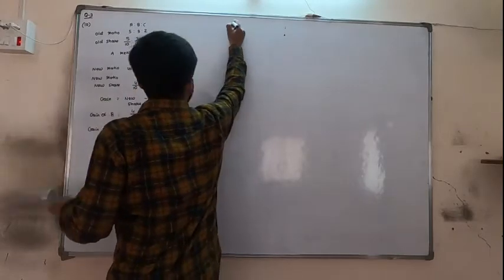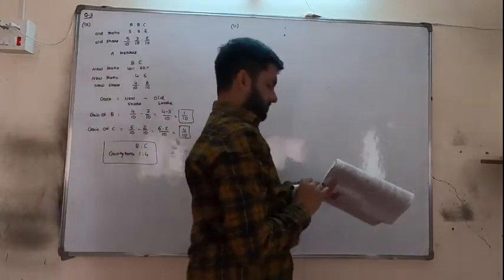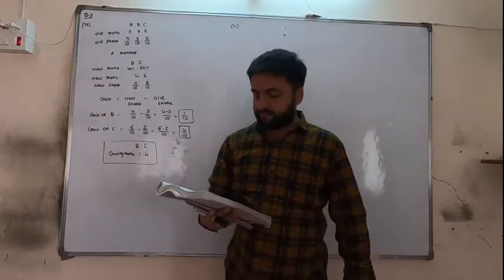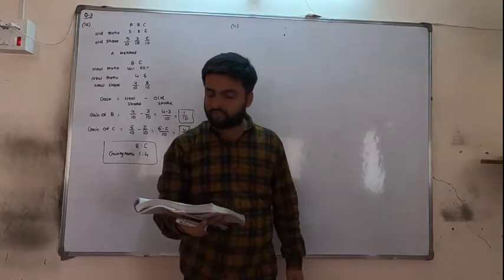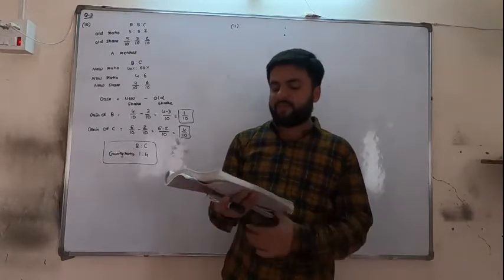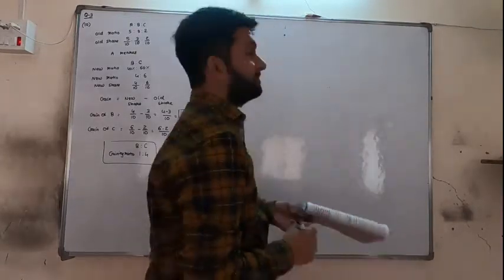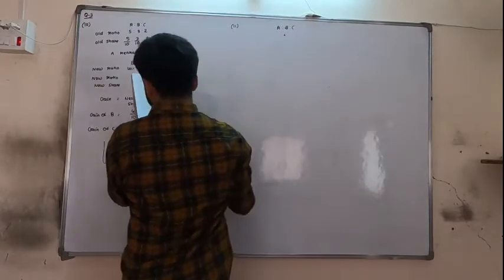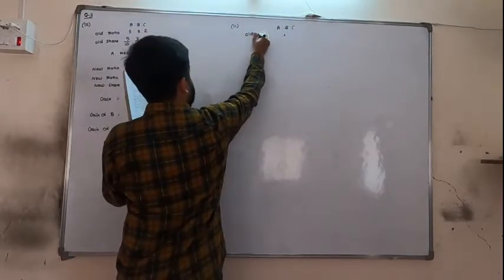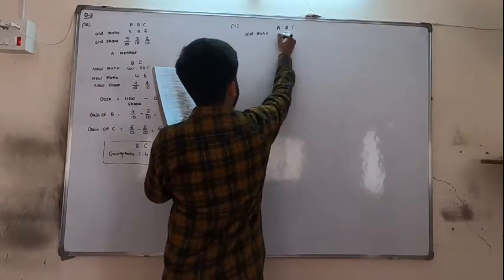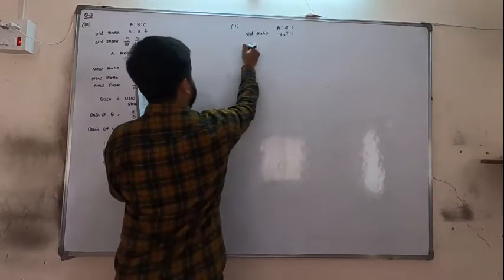Again, 11th sum. A, B, C are partners sharing profit and loss in the ratio of 3:2:1. C retires. New P&L ratio of A, B is 7:5. A is to B is to C, old ratio 3 is to 2 is to 1.